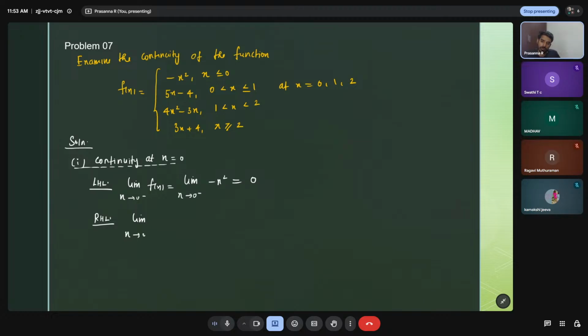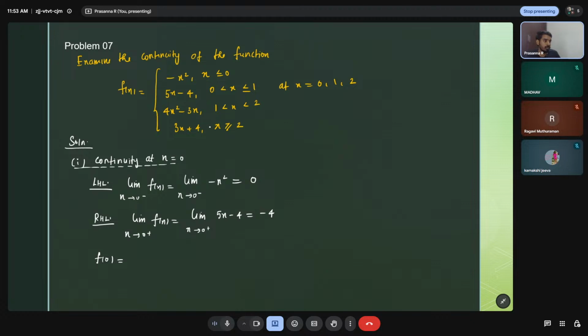And what is your RHL? Limit x tending to 0 plus of f of x. To the right of 0, my function is 5x minus 4. So when you apply the limit, it will be minus 4. Now function value at 0. 0 is included here only. So function value at 0 is 0.